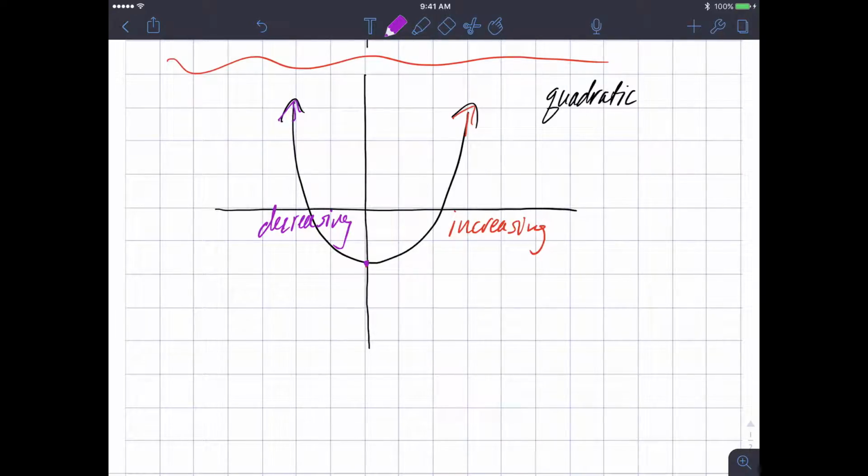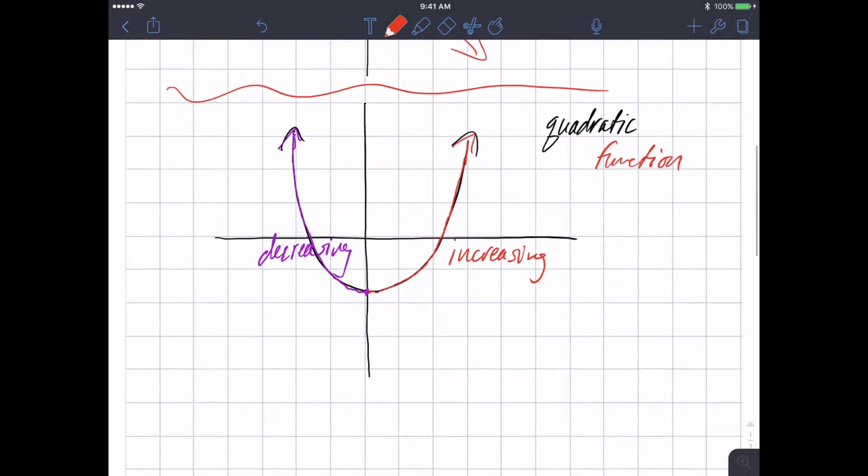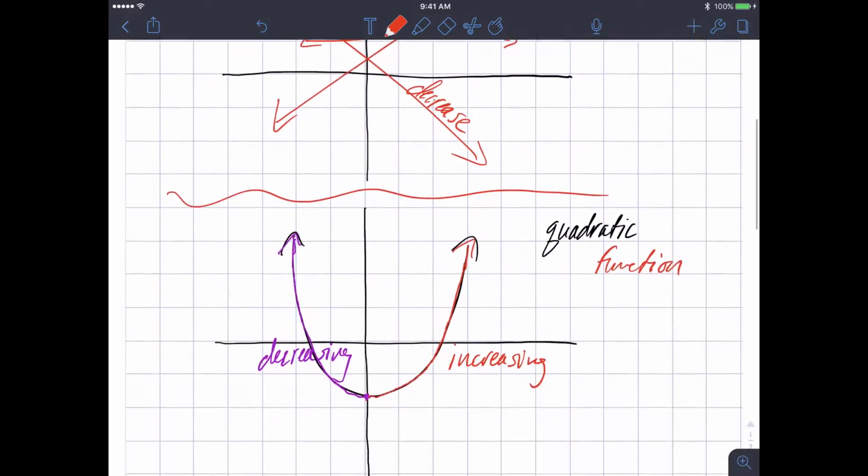So it's decreasing all through here. Then it starts to increase at this point. So a quadratic function increases and decreases.